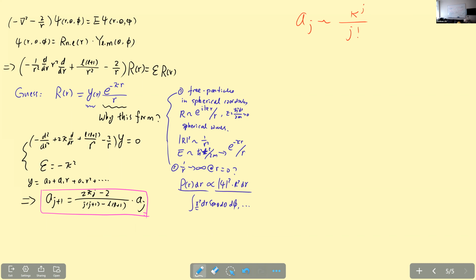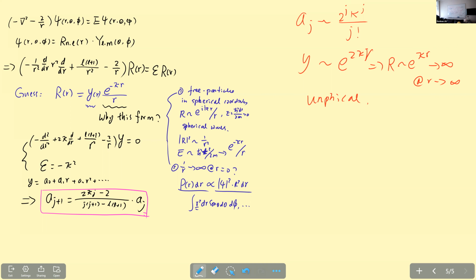Okay. So that means you eventually get this y is going to be in the order of e to the 2 kappa r, sorry. And that leads to this being in the order of e to the kappa r, and that goes to infinity as r goes to infinity, right? It's unphysical.